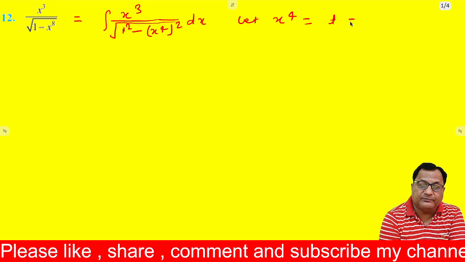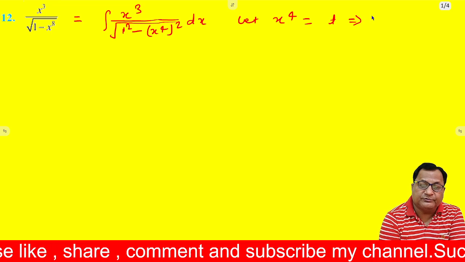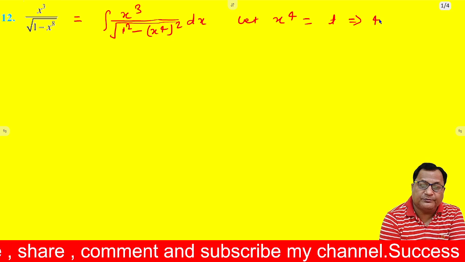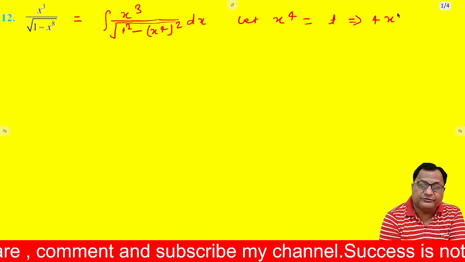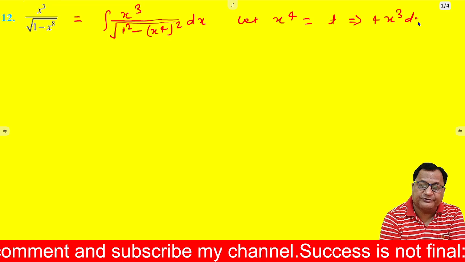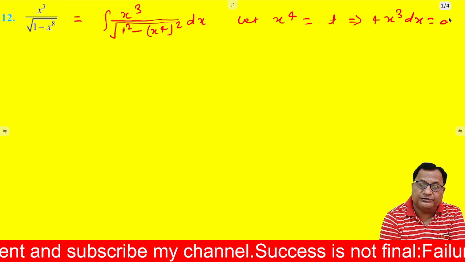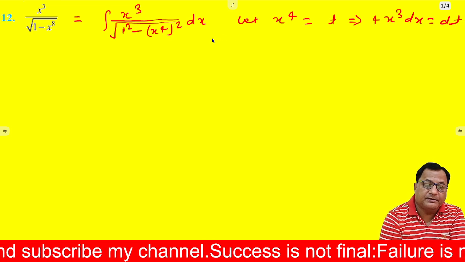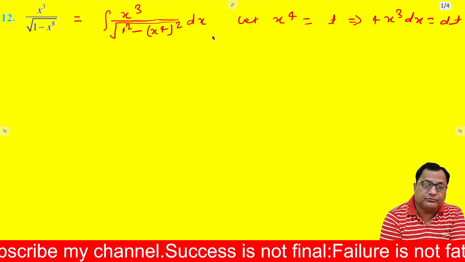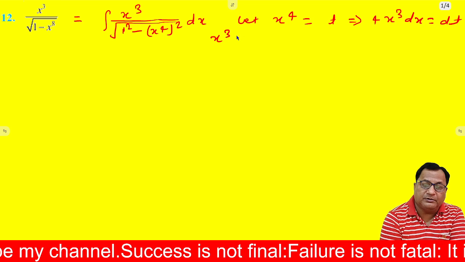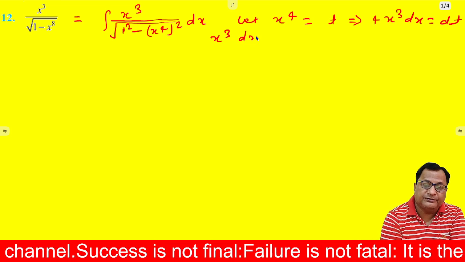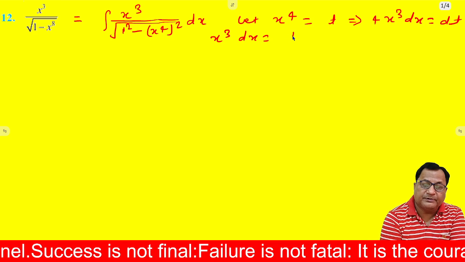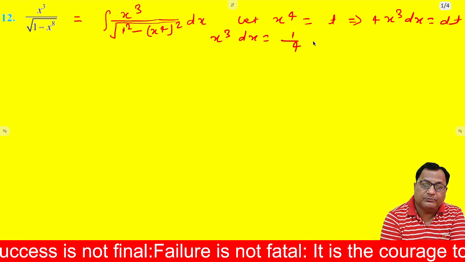If we differentiate both sides, this will be 4 x cube dx is equal to dt. So x cube dx is equal to 1 by 4 dt.